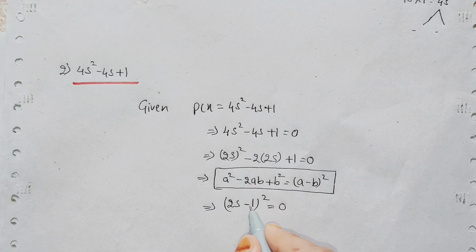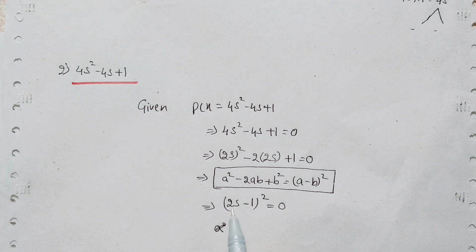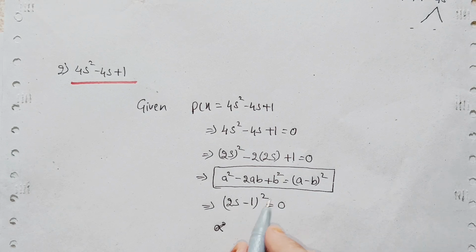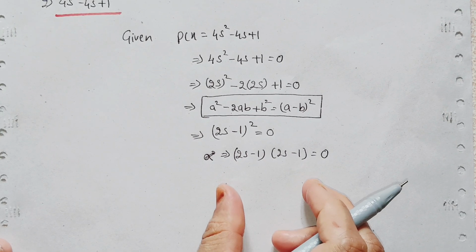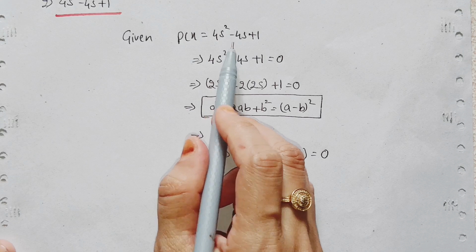A means 2s and b means 1. 2s minus 1 whole square means 2s minus 1 into 2s minus 1. So I can write it as 2s minus 1 into 2s minus 1 equal to 0. Why have I written this? So that I get two zeros for this quadratic polynomial.